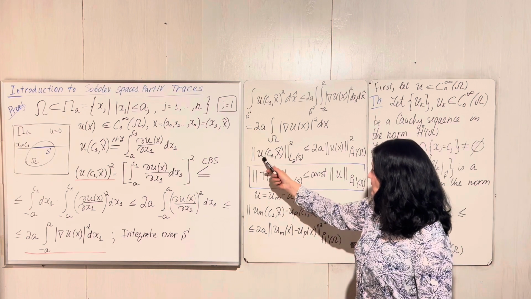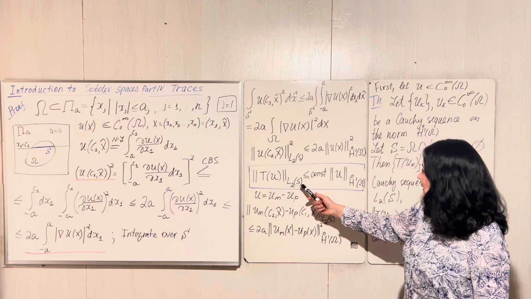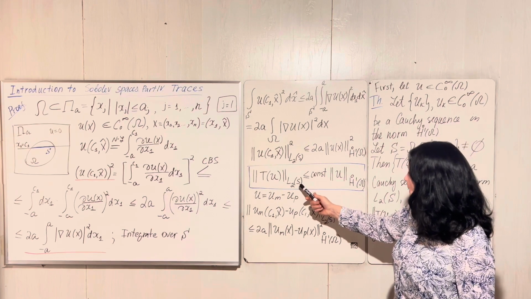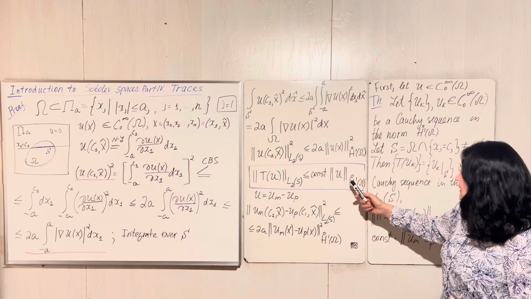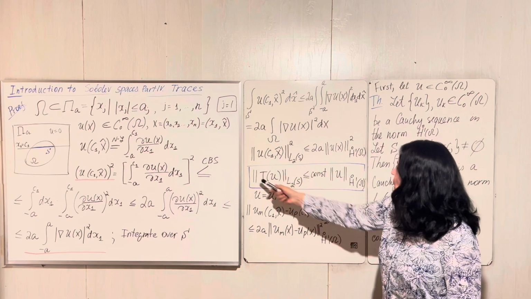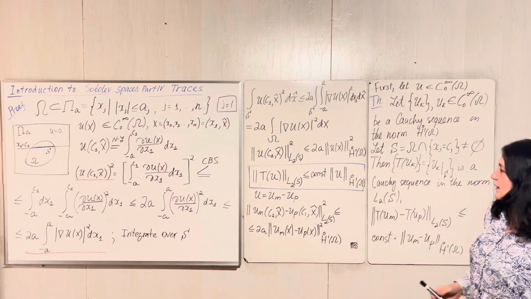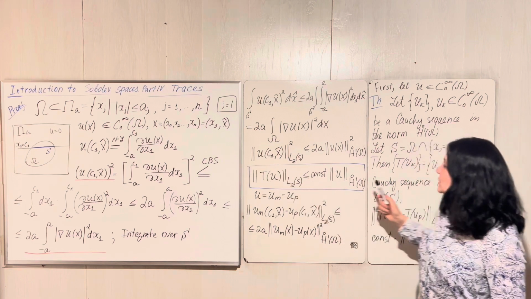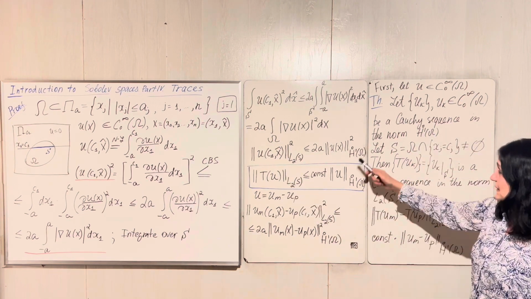So this is because this is the trace of function u on hyperplane S. So let's just look at this formula. It's kind of good to know that we have such a formula. We will be able to use it later, right?